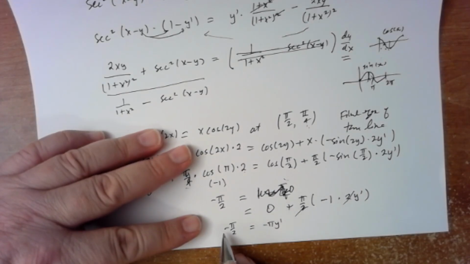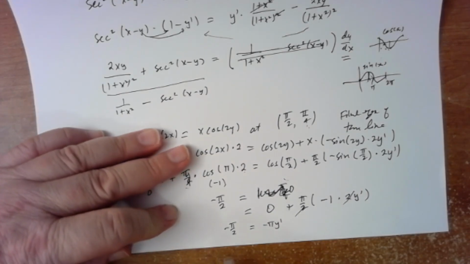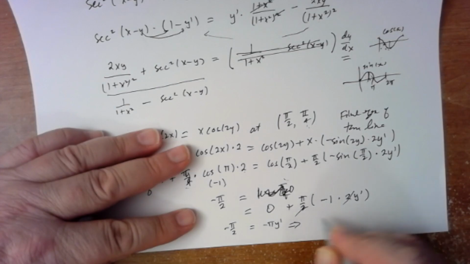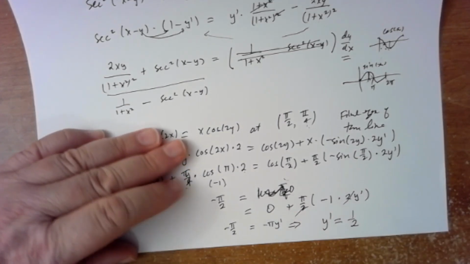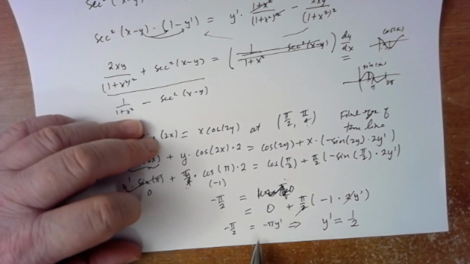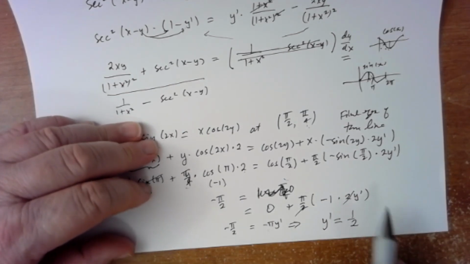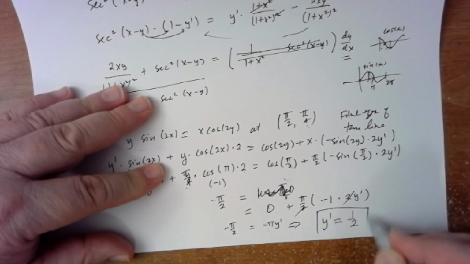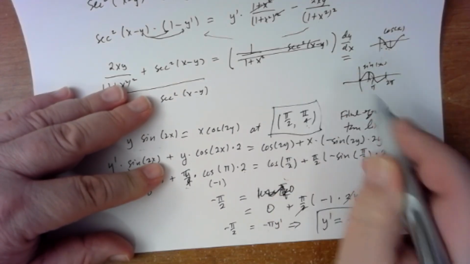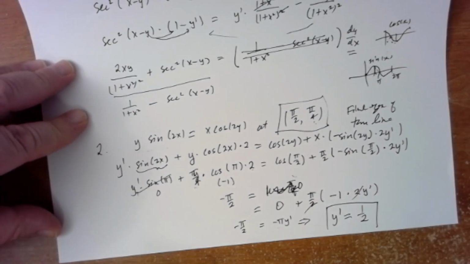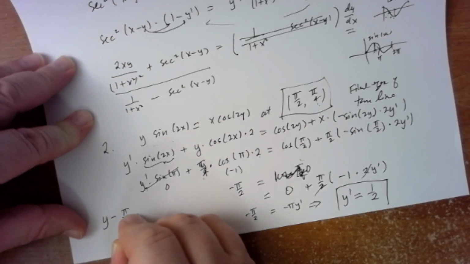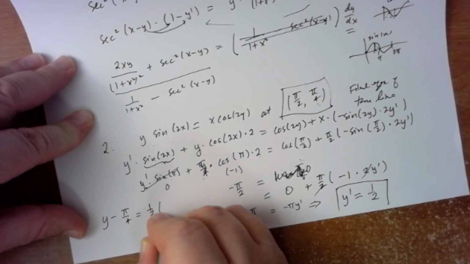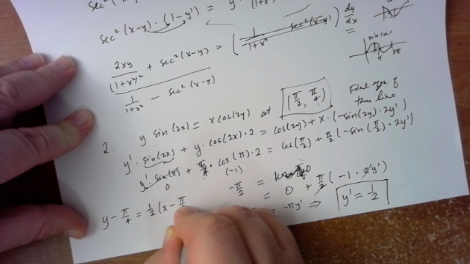So divide by negative pi, and we get that y prime is equal to 1/2. Good. So now I have my slope and I have my point, and so the equation of the tangent line will be easy to write. It will be y minus pi over 4 is equal to 1/2 times x minus pi over 2.